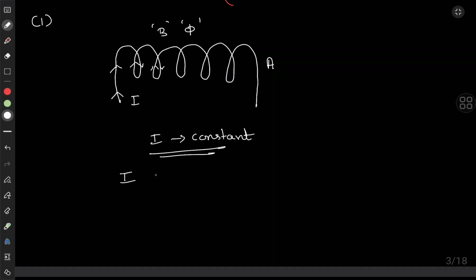So for the current I you supply, proportional to that the magnetic field will be produced. If the magnetic field is produced, definitely there will be a flux.